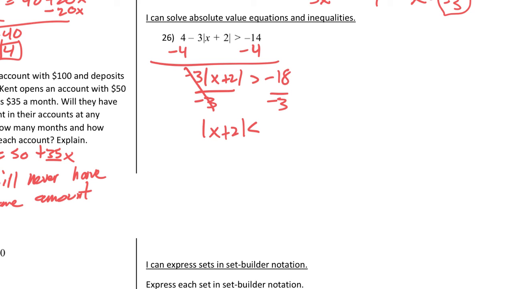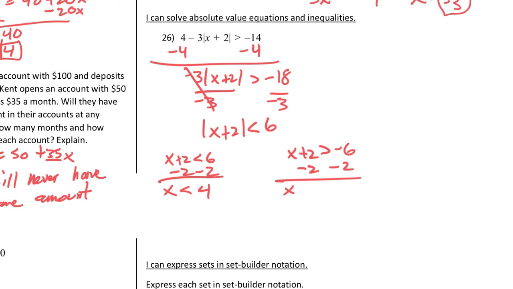Because you divided by a negative, less than positive 6. So x plus 2 is less than 6, and x plus 2 is, got to switch it now, greater than the negative version of 6, which is negative 6. So you subtract 2. x is less than 4, and x is greater than negative 8. 2 answers. That's an or. Yeah. Okay.